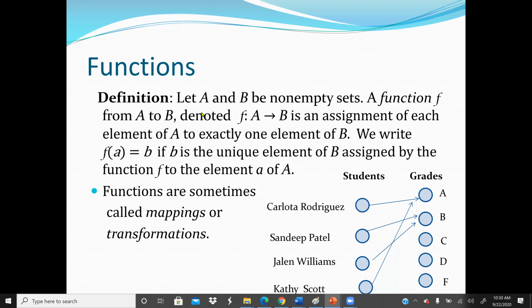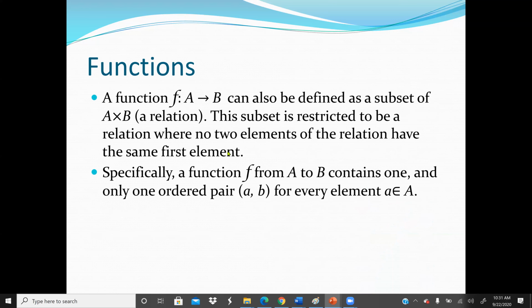So that's what we mean by this definition. Here we are trying to say that an element of set A can only generate an element of set B uniquely. One element of set A will generate one element of set B, which is the output. So again, a function from A to B can also be defined as a subset of A × B. That's the relation of the elements.